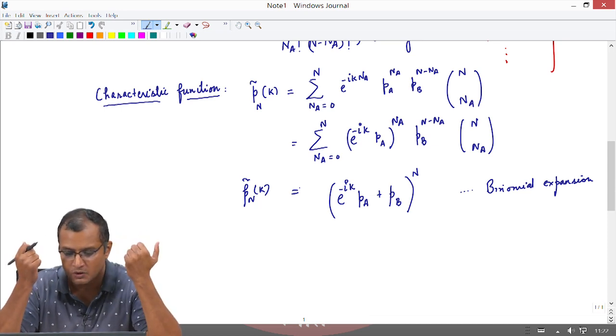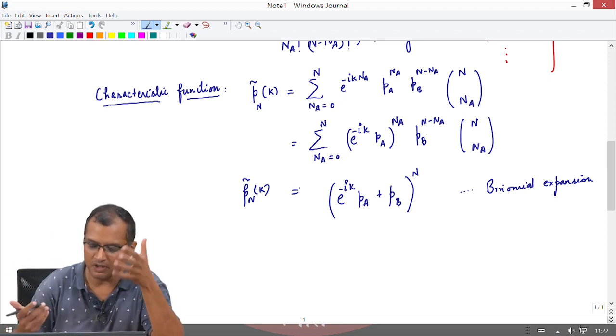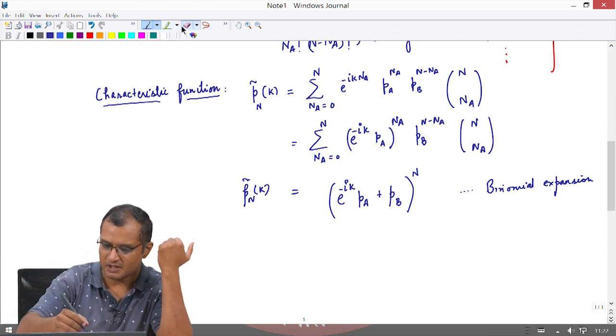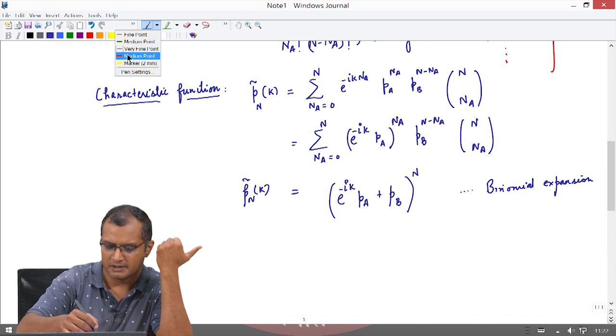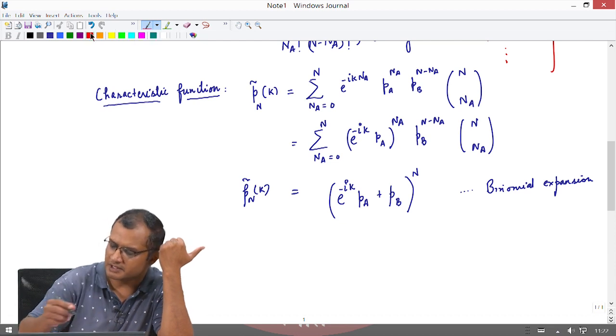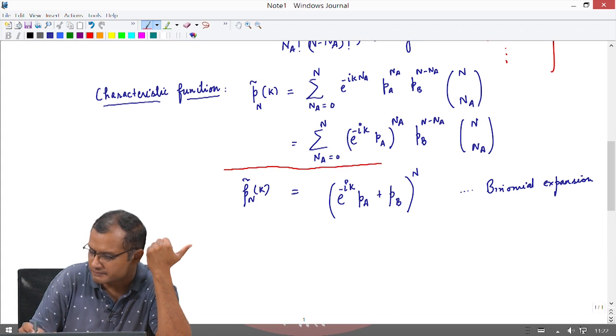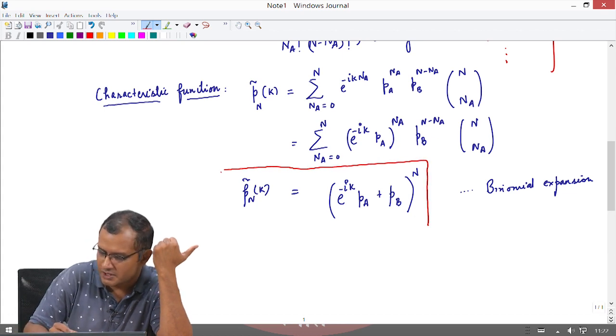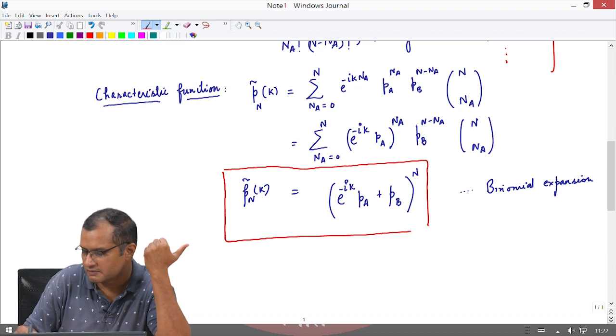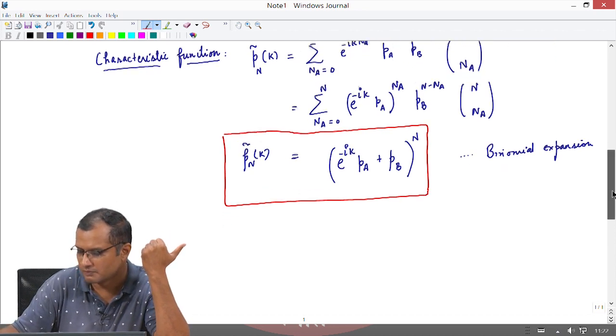All these cumulants and the moments can be computed once you have the characteristic function. So, before we delve into all that, let us box this important result and then we will proceed towards computation of the cumulant generator function.